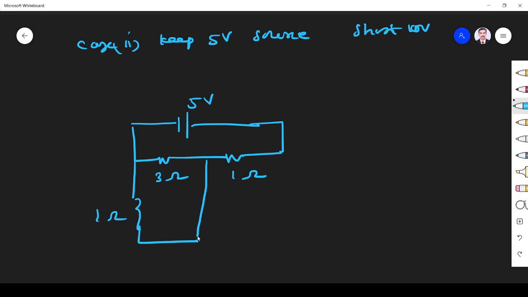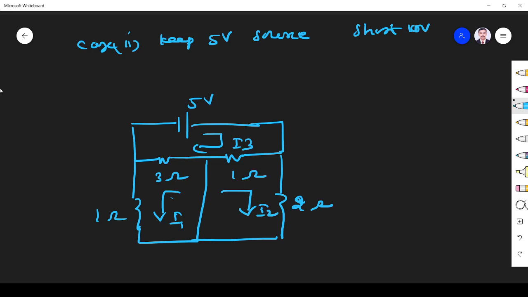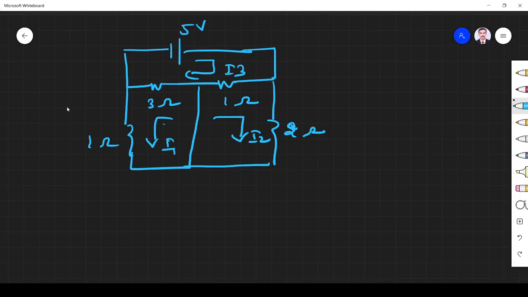Here it is shorted. This is 2 ohm. This is I1, I3, I2. Again use KVL, mesh loop.